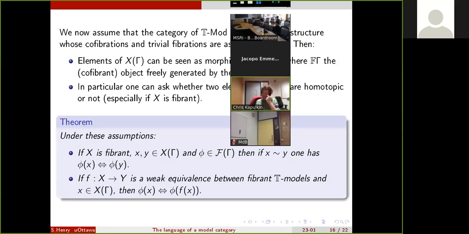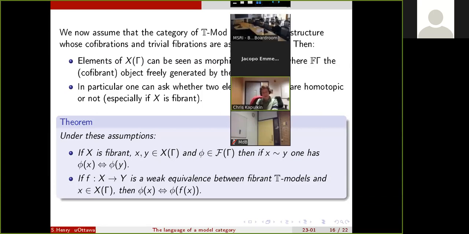I mean, you can have many different model structures, but the notion of this homotopy will be the same. If you have a minimal model structure where you have as many fibrant objects as possible, then it will be true for all of them, right? So the question is whether we need the model structure at all. Maybe it's true for any object or not.